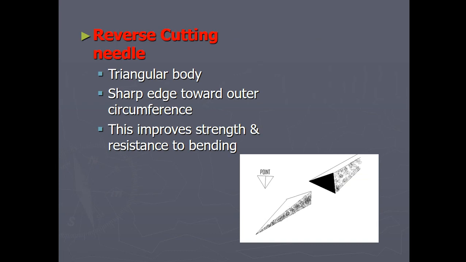This improves strength and resistance to bending. So in tough tissues, if you take a suture with a round body needle, for example, for closing the sheath, it can bend. So that's an ideal example. Here the advantage of reverse cutting is that it improves the strength of the needle and its resistance to bending.